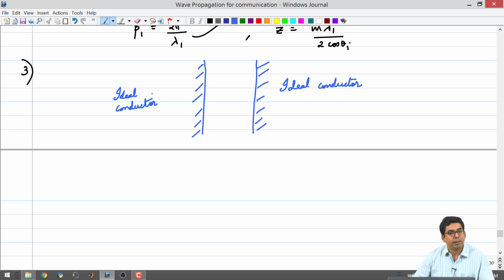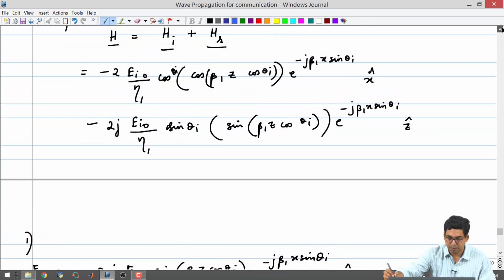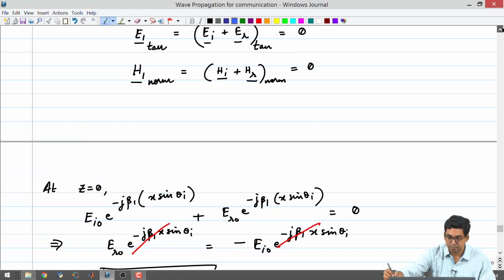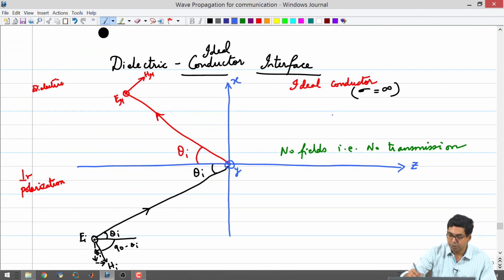Now, what could the result be? We already saw from the previous class that you are not having an energy transfer along this horizontal direction, which was the case of, you do not have transfer of energy into the conductor at all.